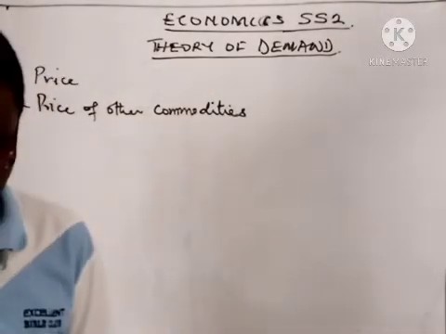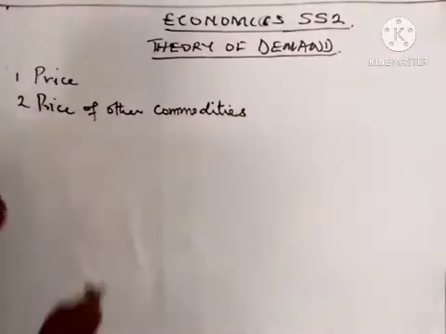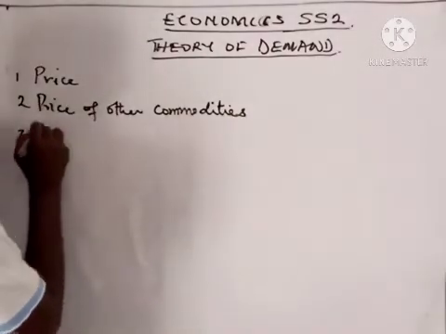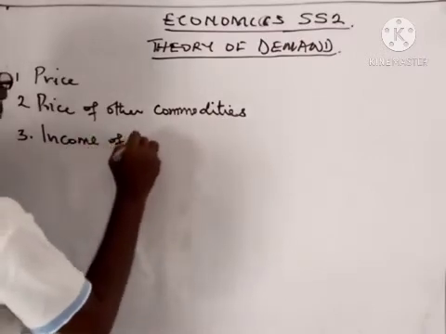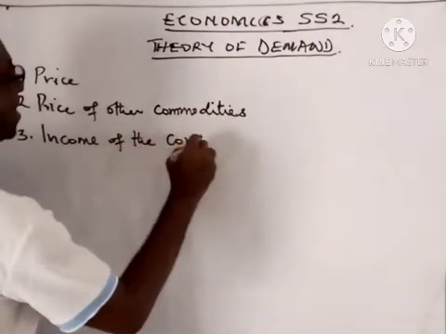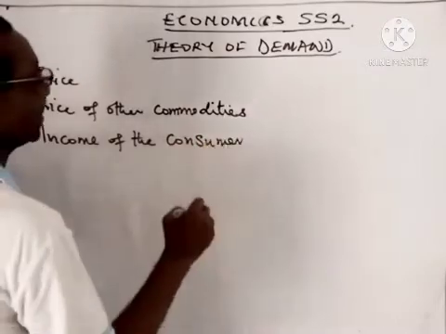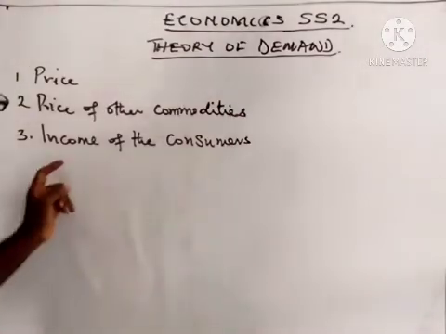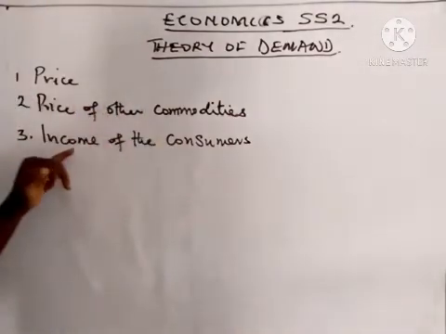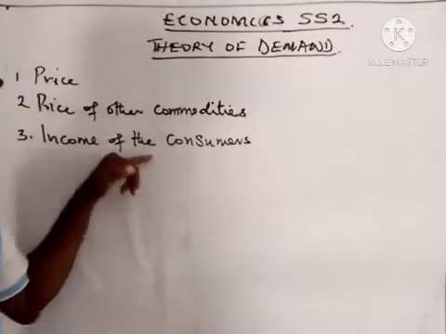The third one is the income of the consumer. If the income of a consumer increases, you discover that the taste of that consumer equally changes, and it makes the consumer equally change the demand.